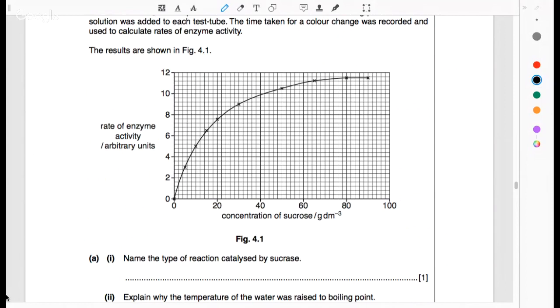So as sucrose concentration increases from 0 to 80, the units, the rate of enzyme activity increases. And then the enzyme activity stops increasing at 80 grams per whatever. Okay, what's a word used to describe that?